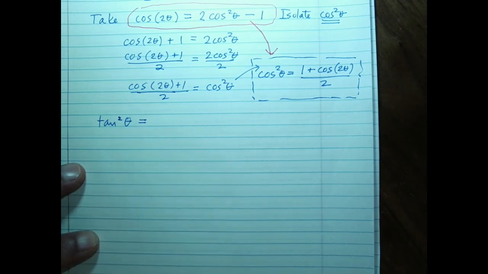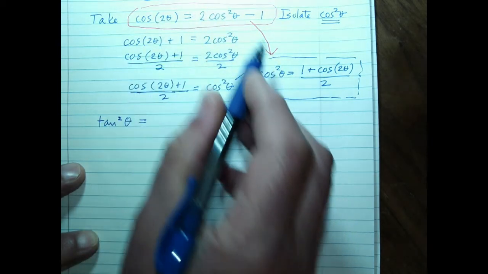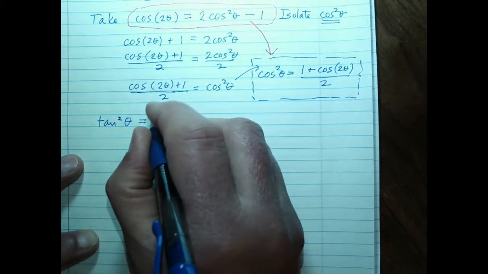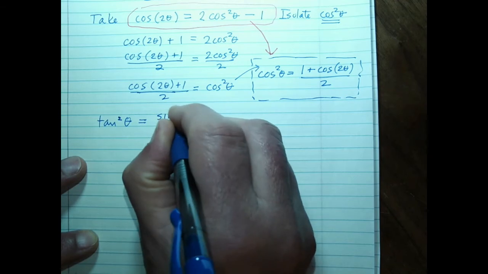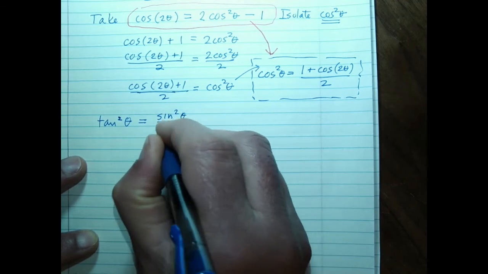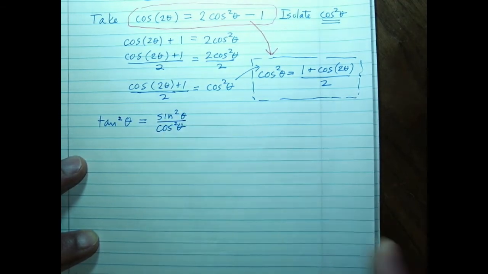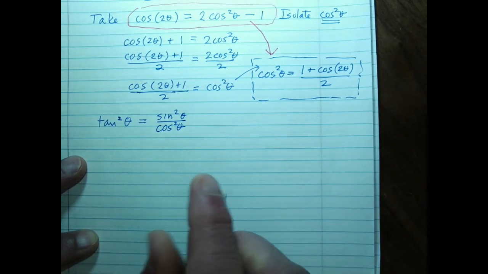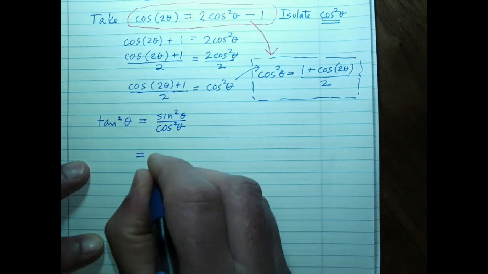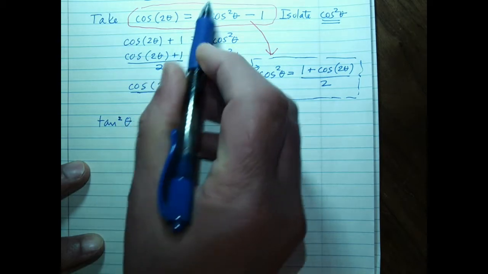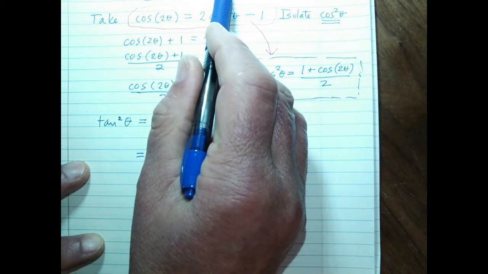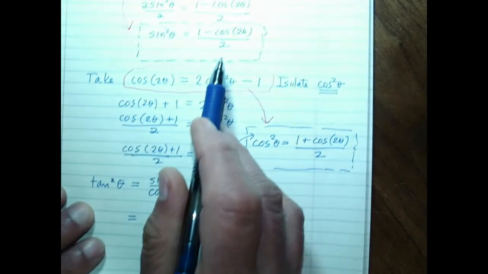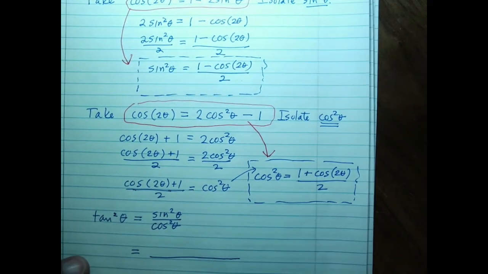I'm not actually going to use the double angle identity for tangent. I'm going to use what we already have here for sine and cosine. Tangent squared theta I can think of as sine squared over cosine squared. And I'm just going to replace it using the right-hand side of my first box that I put a dotted line around.